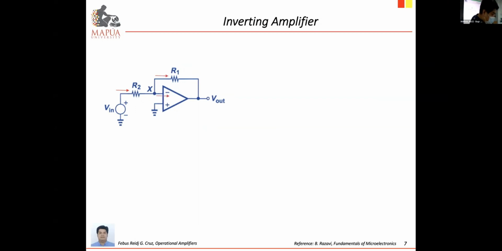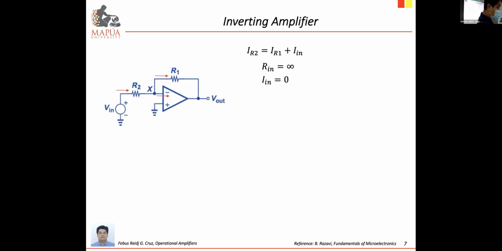Then at node X, that will be divided into current along R1 and current going into the op-amp. So again, applying current equation, current along R2 equals current along R1 plus the input current. And with open circuit at the input, we can assume that I in is equal to 0.